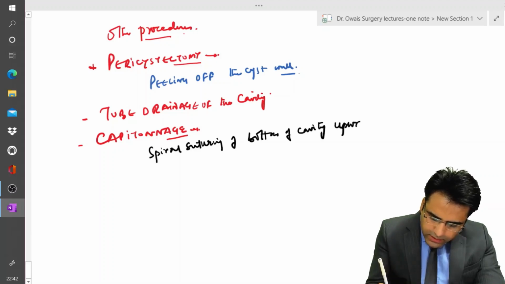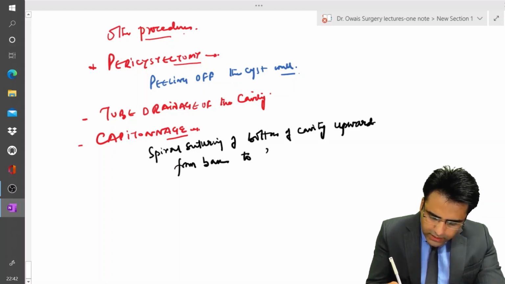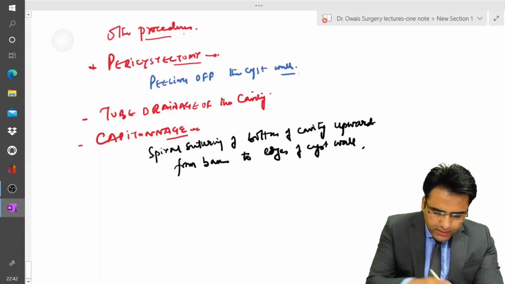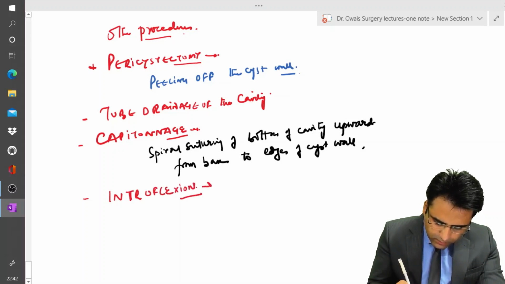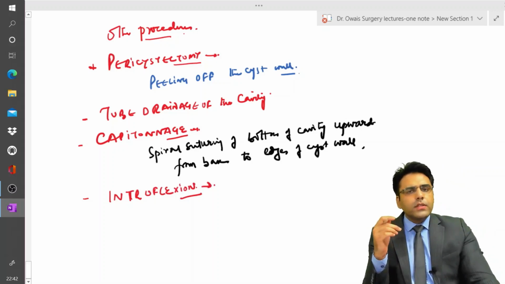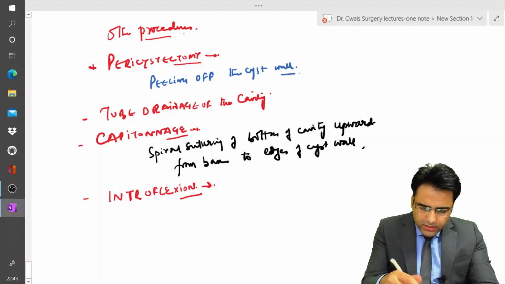After that, there is another important procedure termed introflexion.